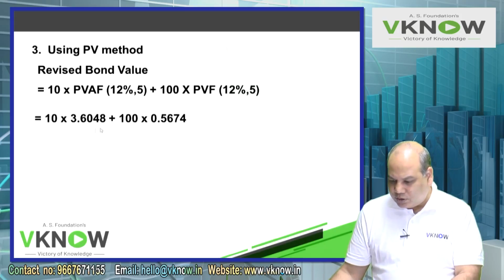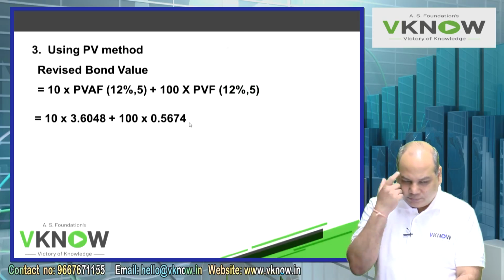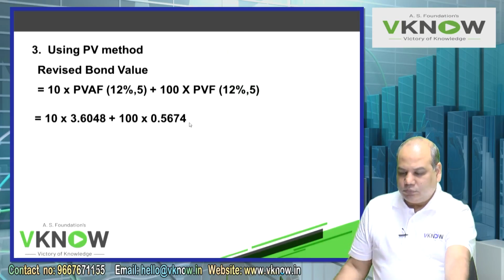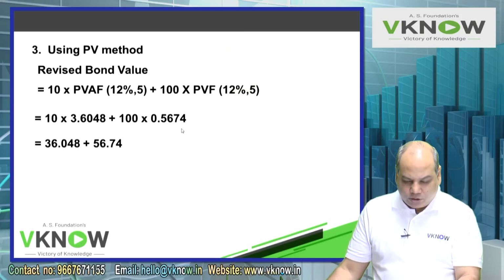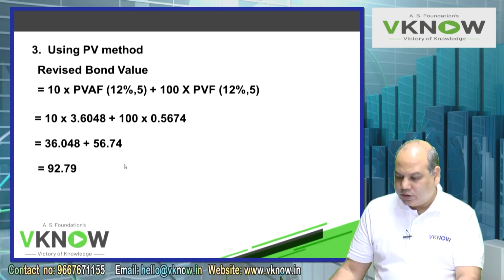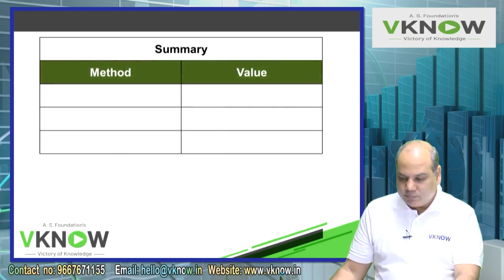So that should be equal to 10 into 3.6048 plus 100 into 0.5674. Check. Is it right? And if you think it is right, then please go ahead and solve. So how much are you getting now? You are getting 92.79. So now if I make a summary, you will see convexity is closer to the present value method.